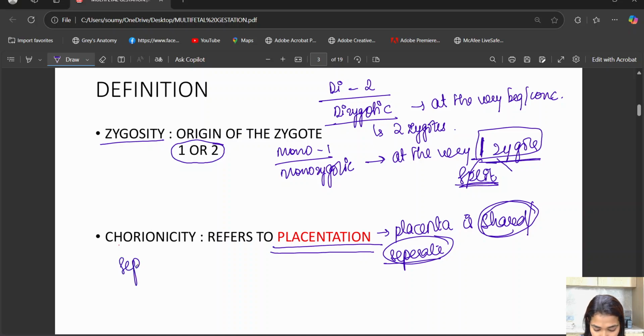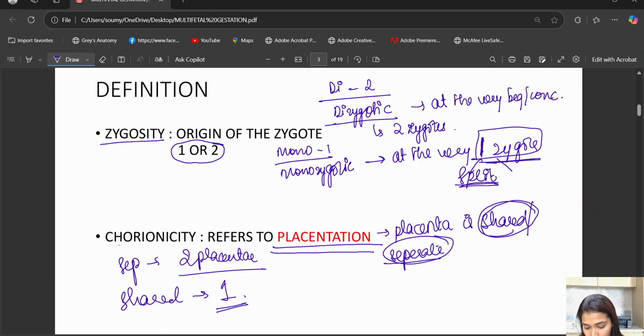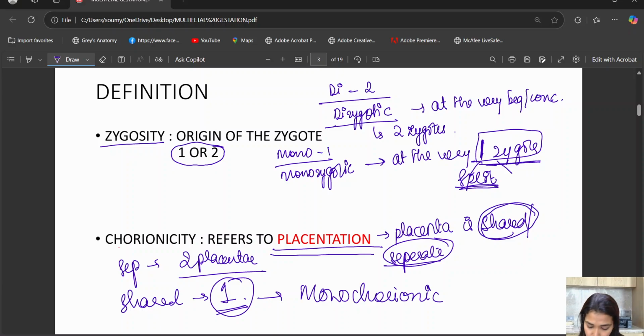Now if you're saying it's separate, then obviously there are going to be two placentae. And if you're saying it's shared, then there's going to be one. Now if you're saying there's one, then it's obviously monochorionic. And if you're saying two, then it's going to be di, meaning two, chorionic, meaning placenta. So chorionicity refers to placentation.